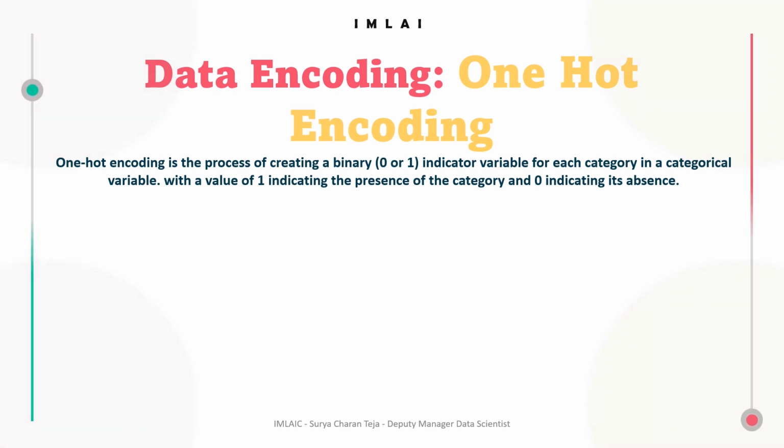So this creates a hot or active encoding for the particular category. That's where the name OneHot encoding came from.